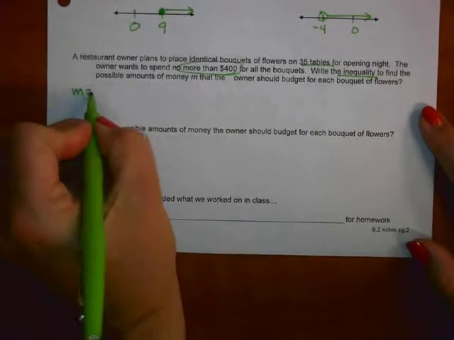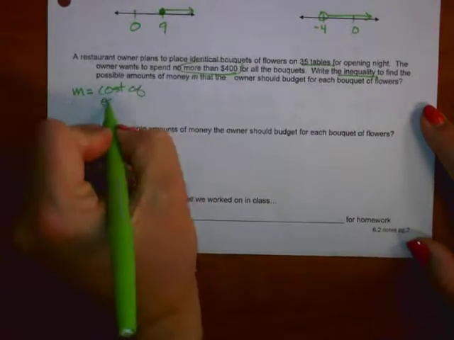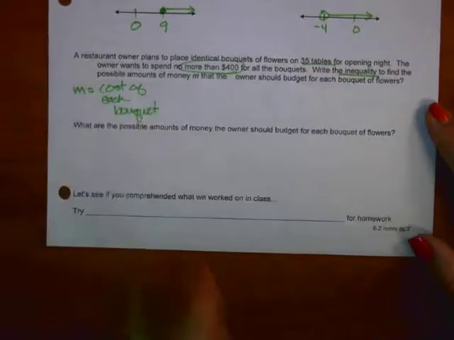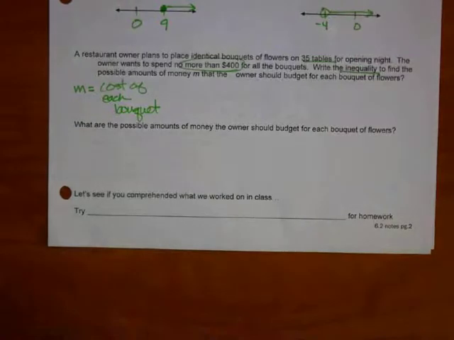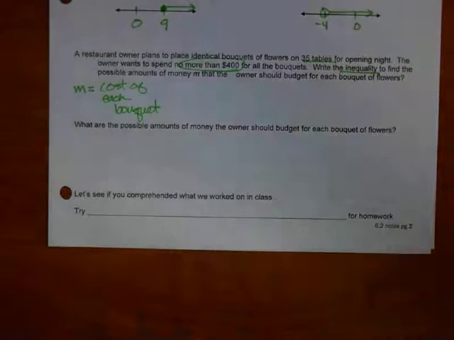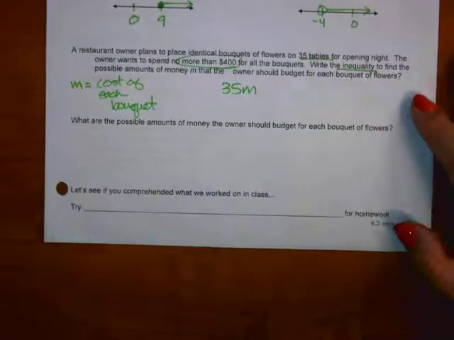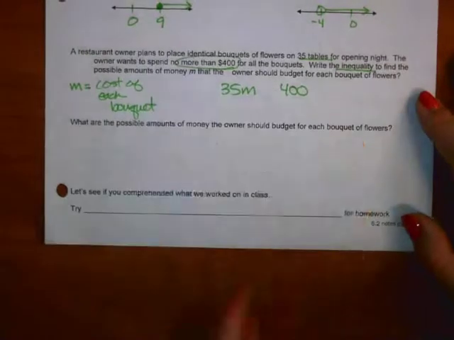So what I want to know is M, and that's the cost of each bouquet. How many tables do I have to fill? 35. So it's going to be 35 times however much each bouquet costs, 35M. And I have $400, no more than that.